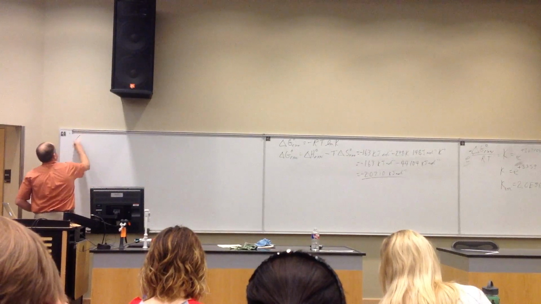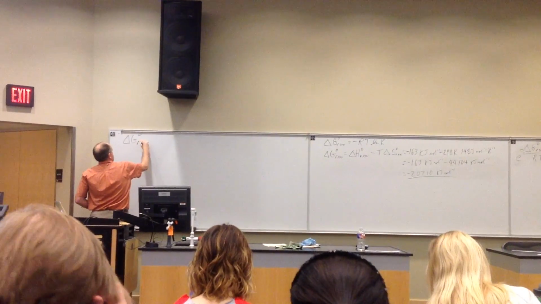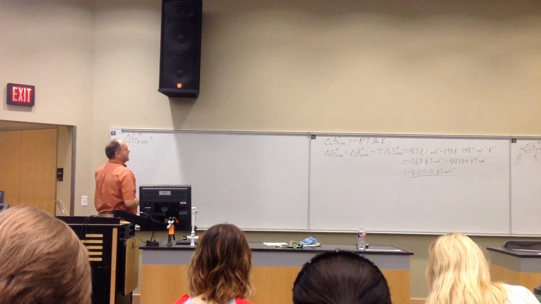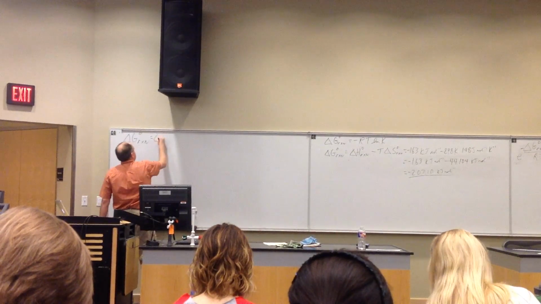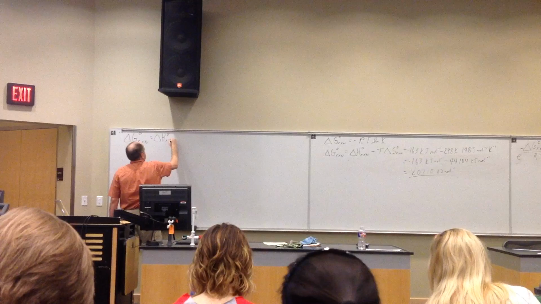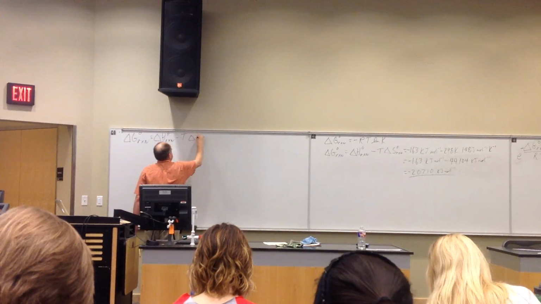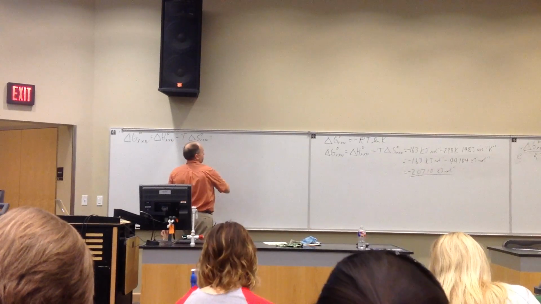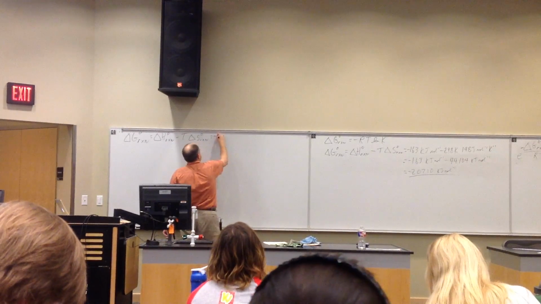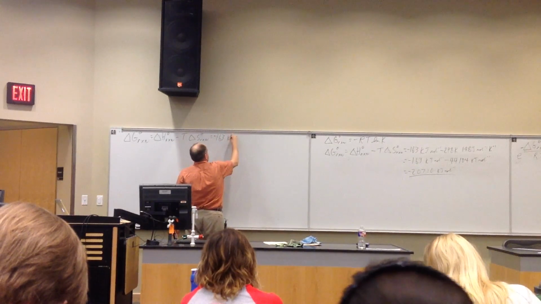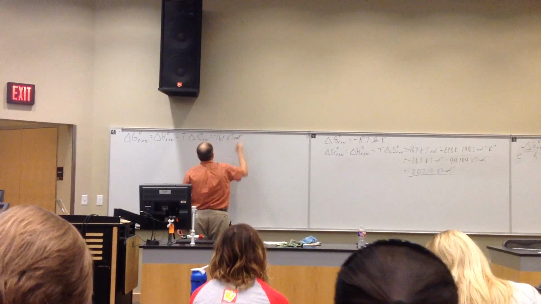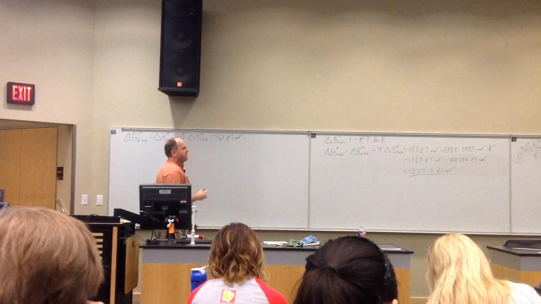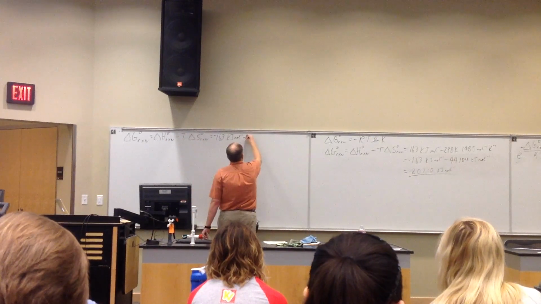So delta G0 for my reaction at 40 degrees C is still equal to delta H for the reaction minus T delta S for the reaction, but my T changes. So this is going to be minus 163 kilojoules per mole minus 40 degrees C, 40 plus 273 is 313 Kelvin.